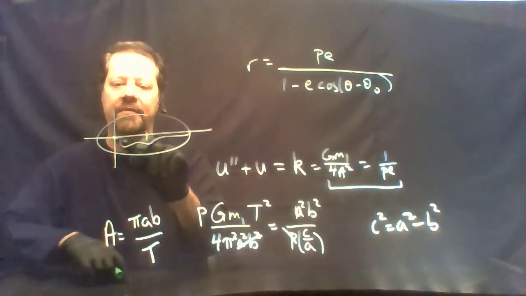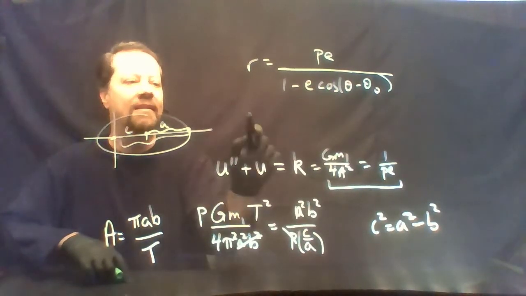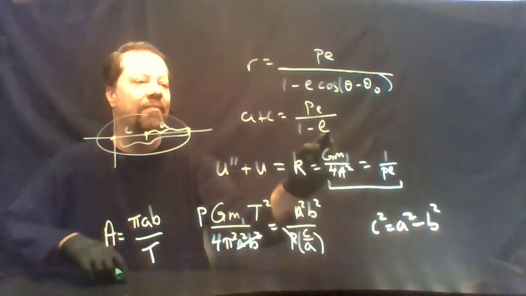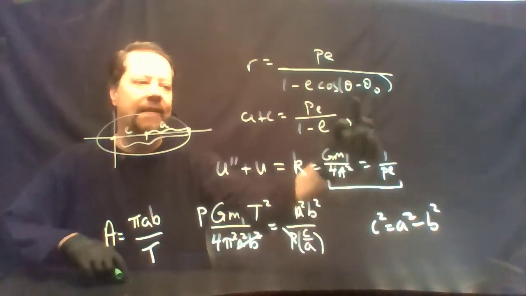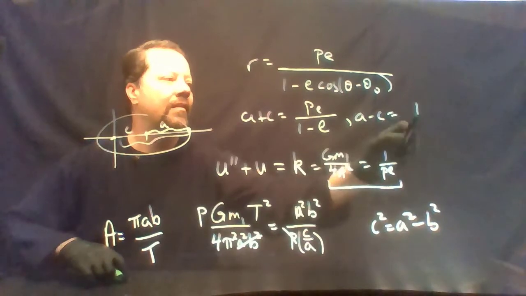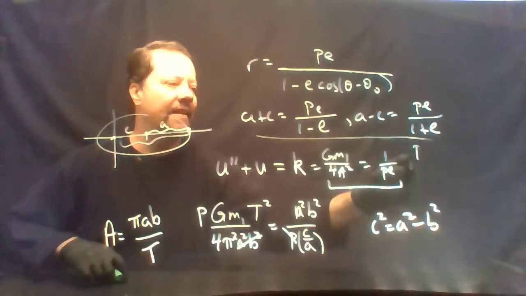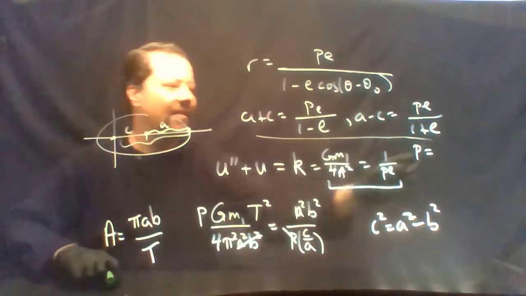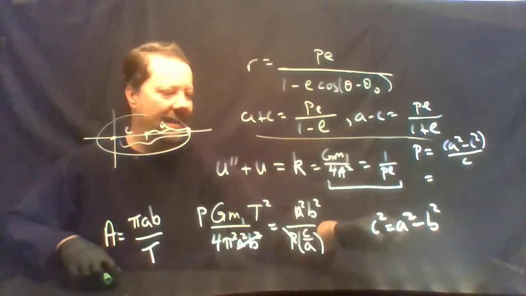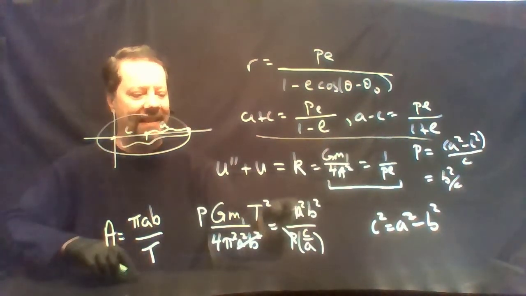If this distance from the focus to the center is c, and the distance from the center to a vertex is a, then a plus c will be pe divided by 1 minus e. If we then evaluate at theta equals pi, we'll have a minus c. These two formulas imply that p is equal to a squared minus c squared over c. A squared minus c squared is b squared. We can make that substitution here.